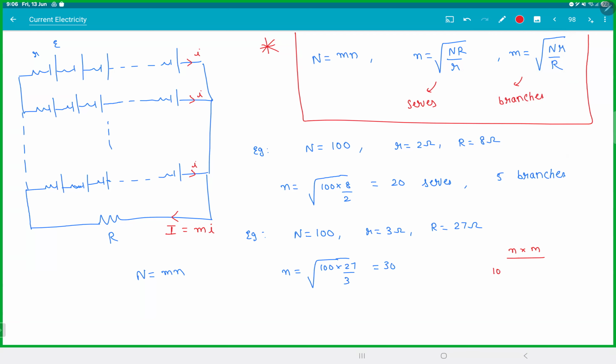You can have 100 batteries in series, one branch; 50 in series, two branches; then 25 and 4; 20 and 5; and 10 and 10. Among all this, 30 is closest to 25 into 4, isn't it? That's your closest possibility.